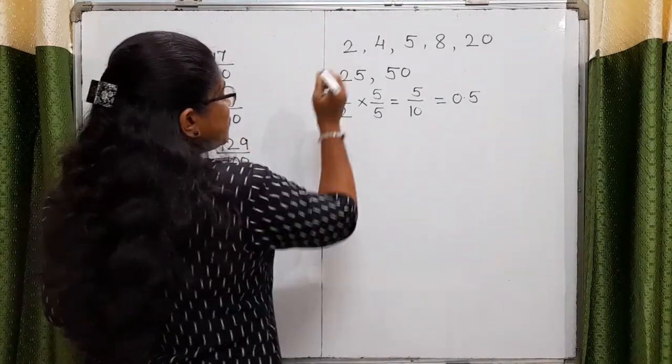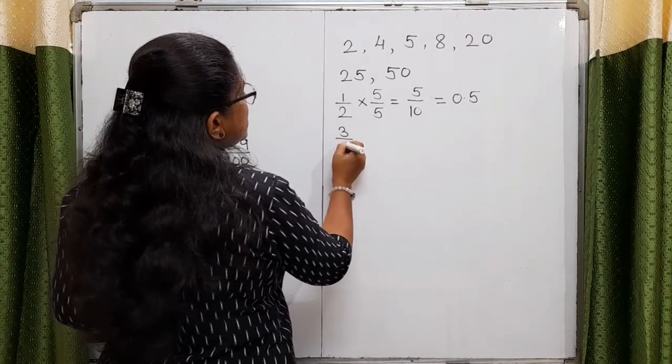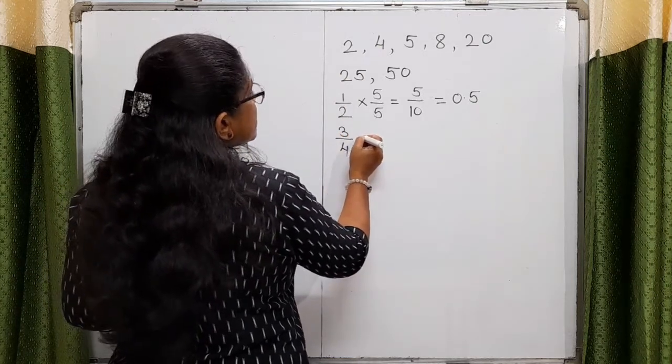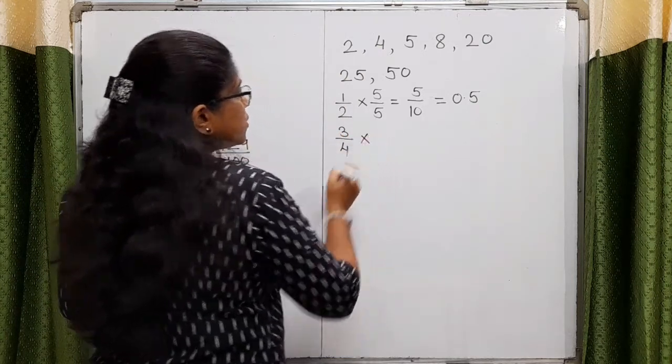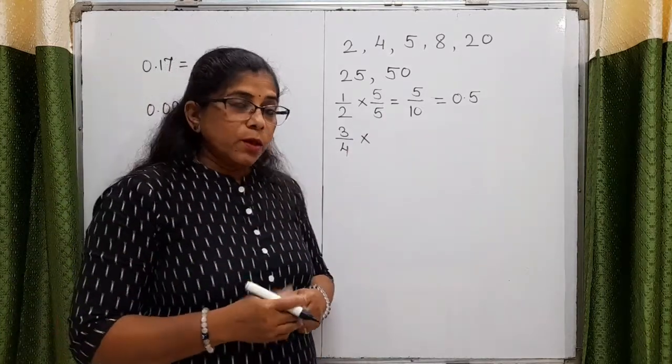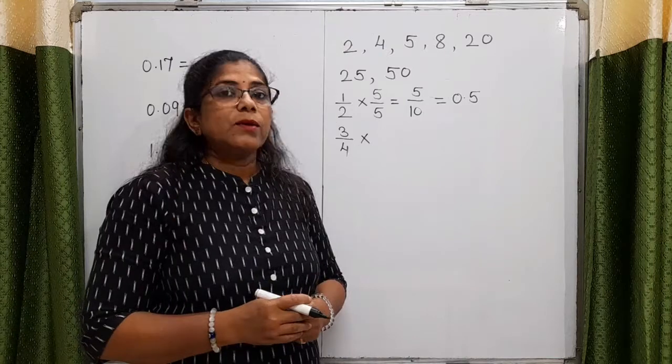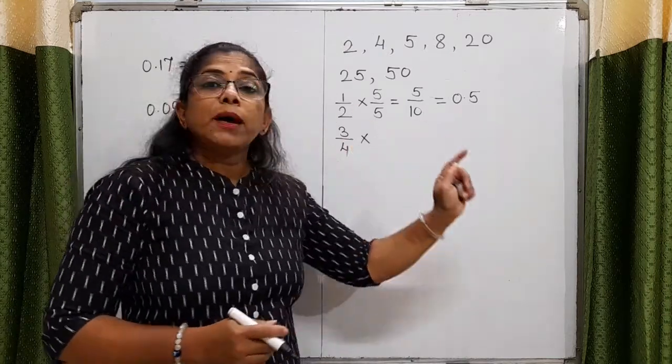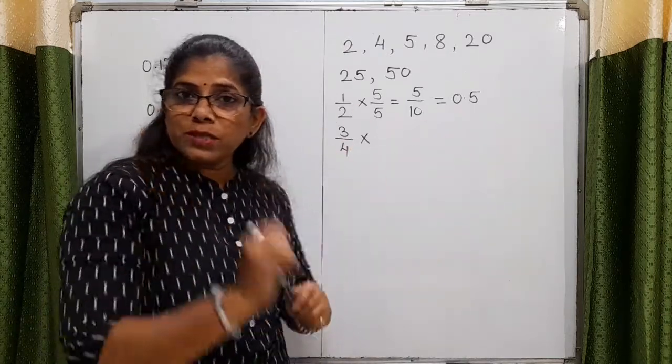Now if it is 4, let's take 3 upon 4. When it is 4, we cannot make it 10 because 10 won't come in the table of 4. We can make it 100 by multiplying 4 by 25. 25 into 4 is 100.